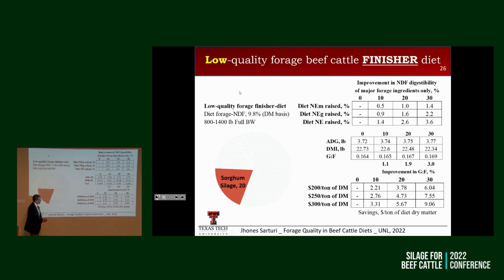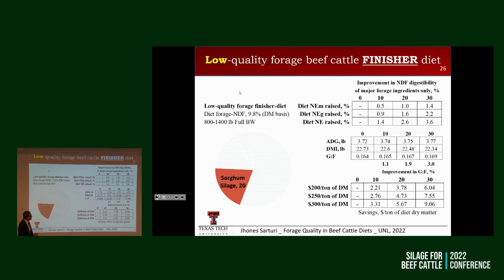This is a finisher diet, improving this fiber digestibility by 10, 20, or 30% saves $3 to $9 per ton of dry matter. Again, the idea is not making these animals gain more. They got to the point that they're gaining perhaps the maximum that they could, but they're becoming more efficient. They're eating a little bit less.